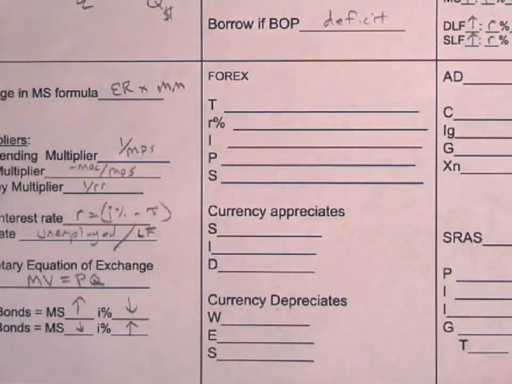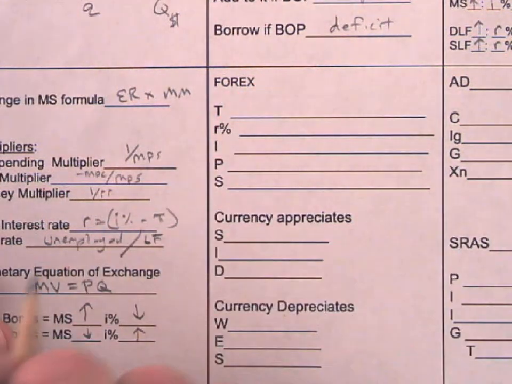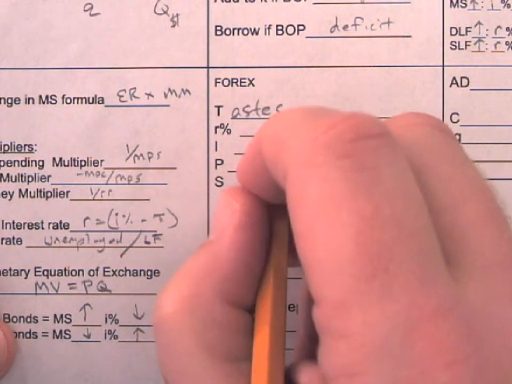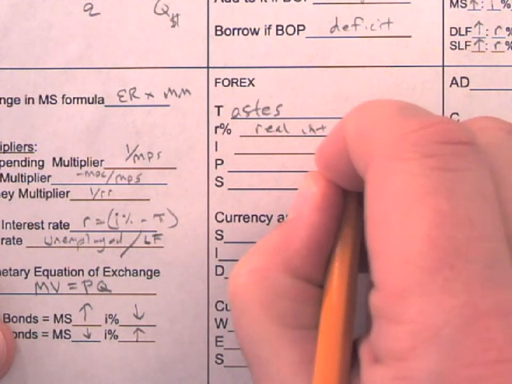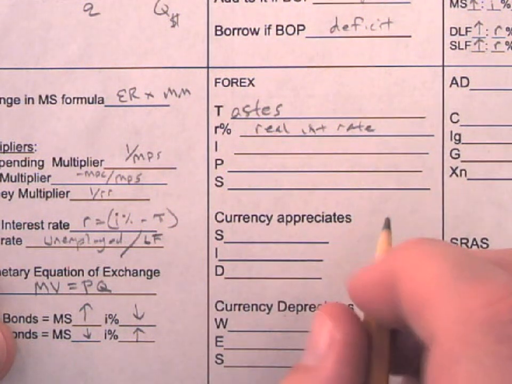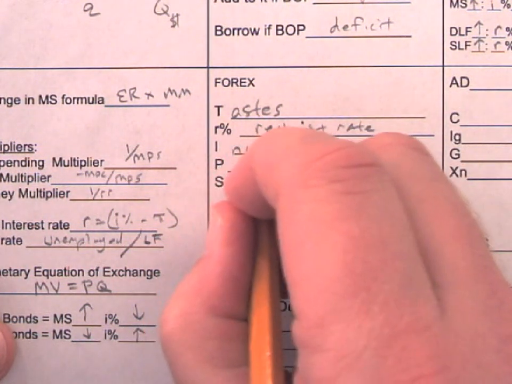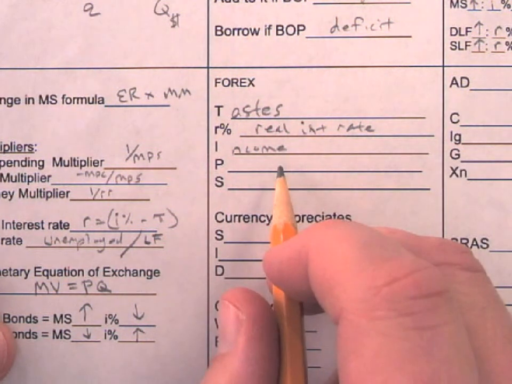Now in our foreign exchange market, these are our shifters of foreign exchange. If you're going somewhere, like on a trip, you would want the currency of another country because of taste or preference. The real interest rate: remember, if interest rates are high, people would want to put their money in our accounts. Income level: if people are making money, they're going to buy stuff from other countries.